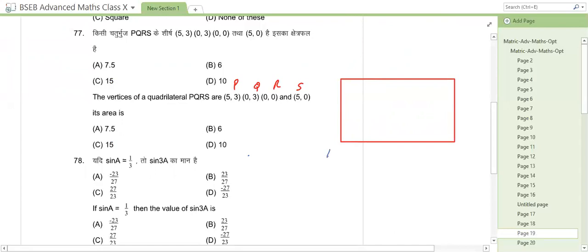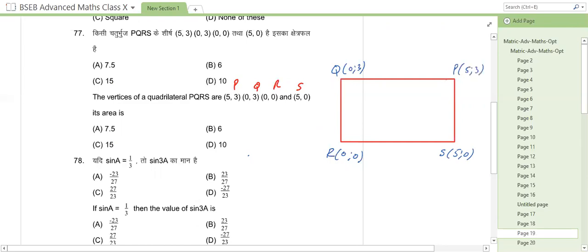So we can call this R, which is (0, 0). Q should be here, which is (0, 3), and S is (5, 0). And on the same vertical line, we have P, which is (5, 3).